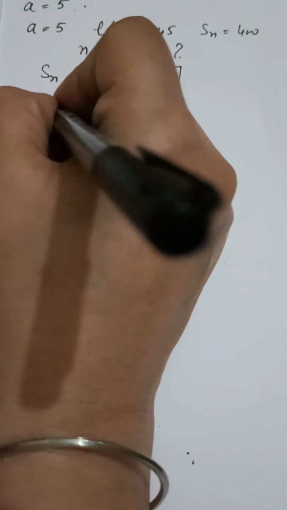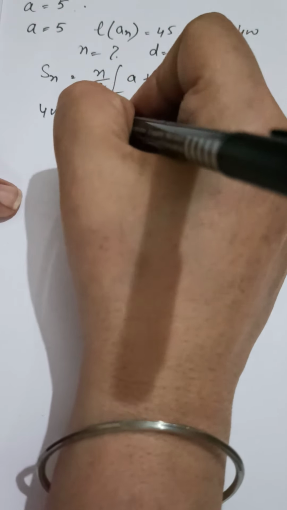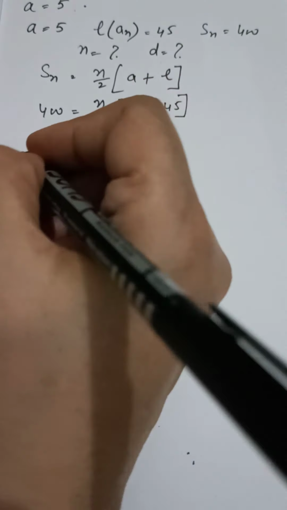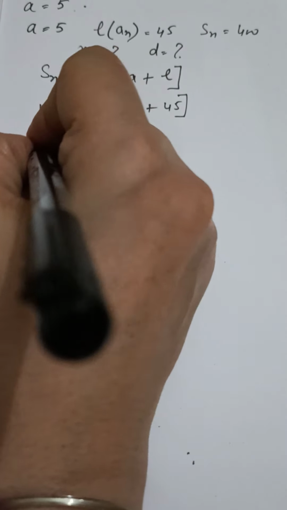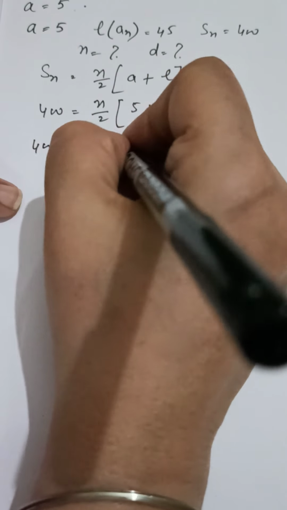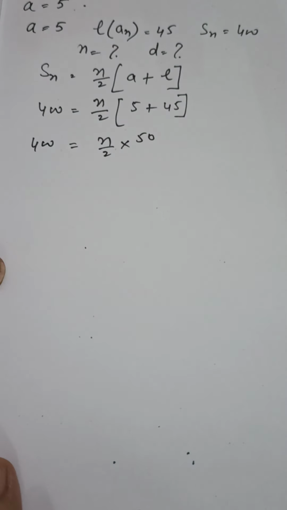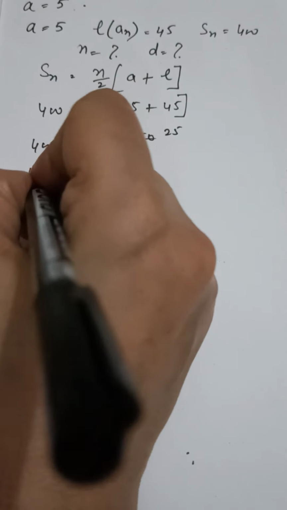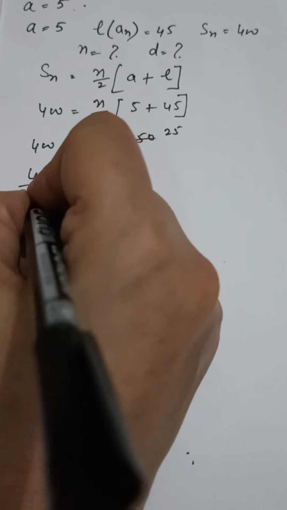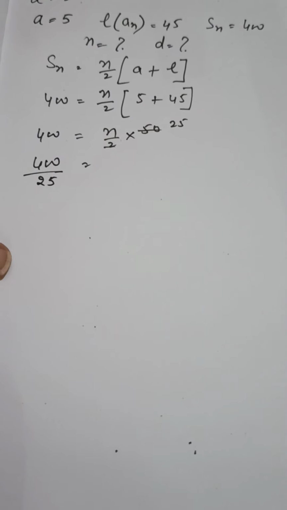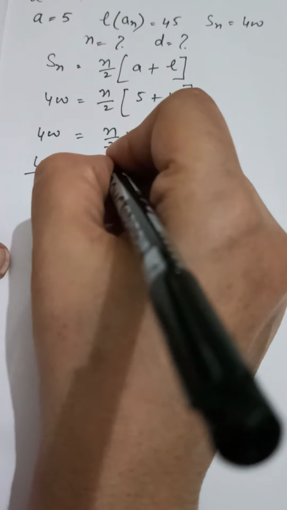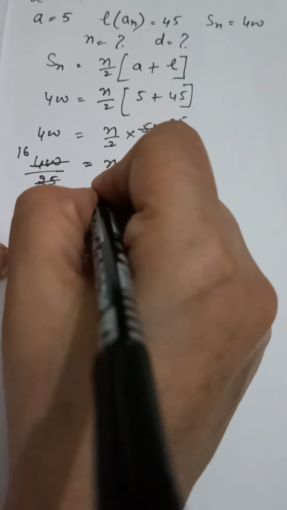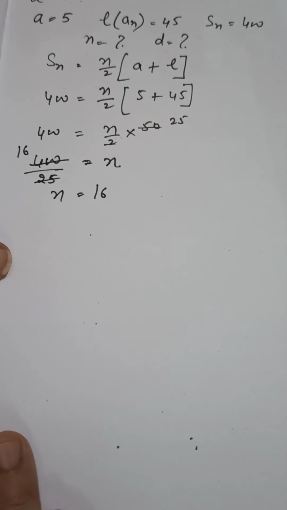Sn is 400, n upon 2, A is 5, L is 45. We get 400 equals n upon 2 multiplied by 50. So that is 25 n equal to 400. 25 moves to the left hand side, that will divide, and we get n is equal to 16.